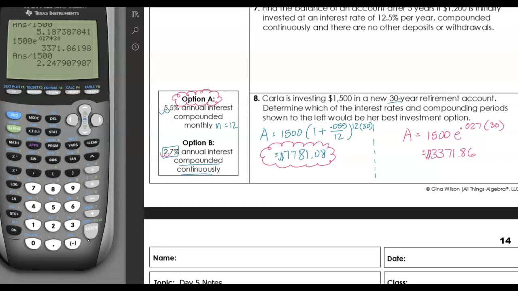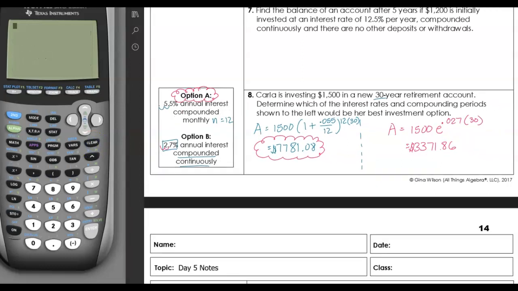So let's see, that's $6,000 a year she's putting in. Actually, that might be realistic. And then you accumulate interest on that. Maybe.